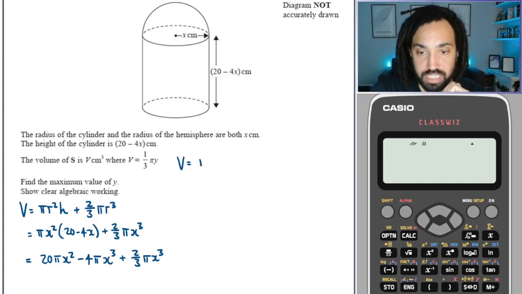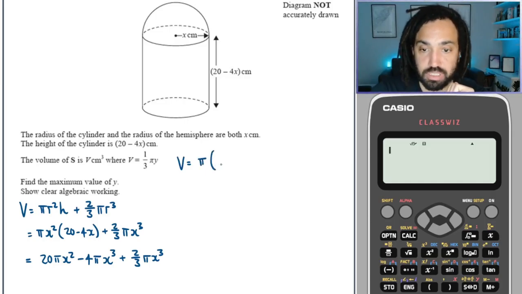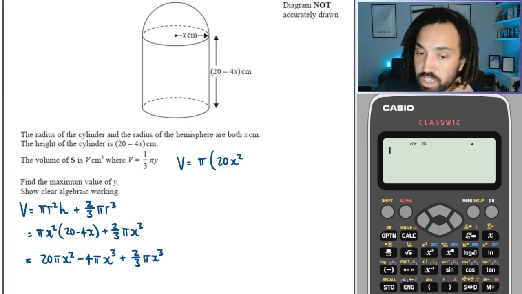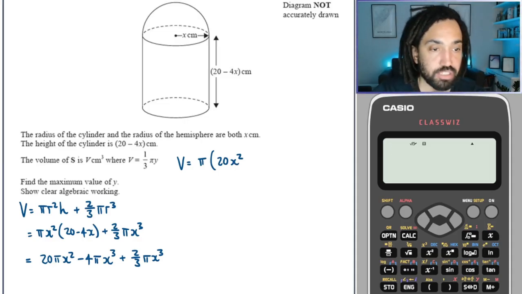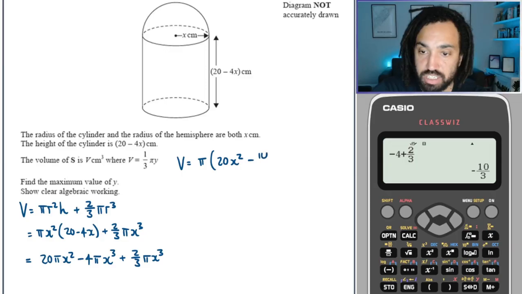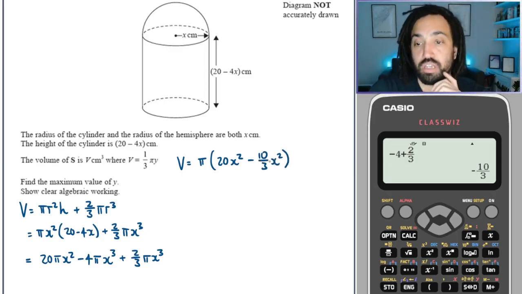Let's now take out a factor of pi. So I have 20x squared, and then minus 4x cubed and plus 2/3 x cubed. So how many x cubes is that going to give us? Minus 4 plus 2/3 is going to give us minus 10/3 x cubed. So minus 10/3 x cubed, sorry.